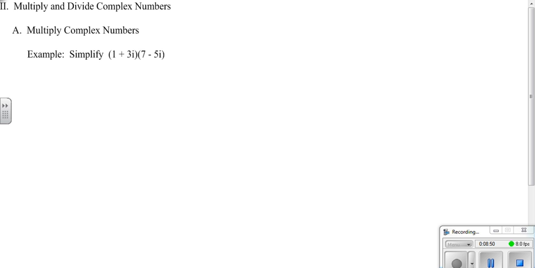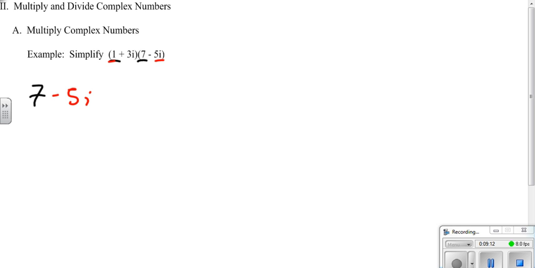Moving along to multiplying complex numbers. Again, like our binomials with the variables, we have to FOIL this. So if we look at our first ones, 1 times 7 is 7. If we look at our outsides, 1 times negative 5i is negative 5i.